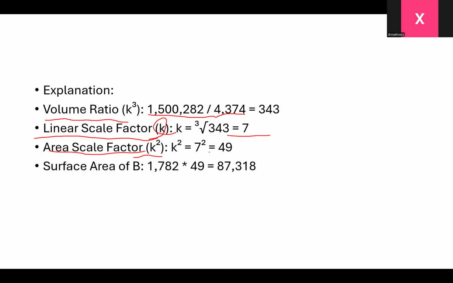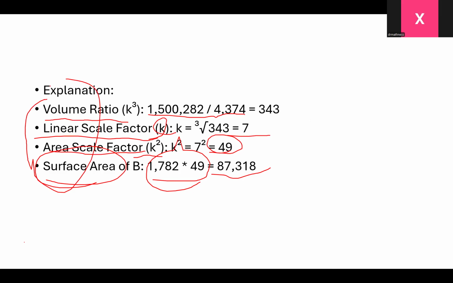Then it equals 49, right? And then we can calculate the surface area of B by multiplying k squared with the surface area of A, right? So we get the correct answer here, right? So we need to memorize the characteristics of the similarity of two prisms, right?